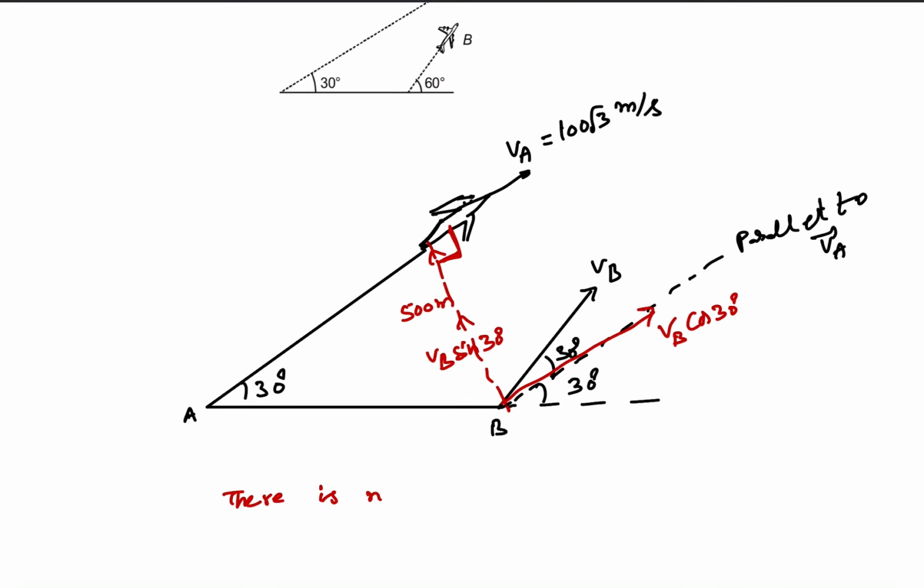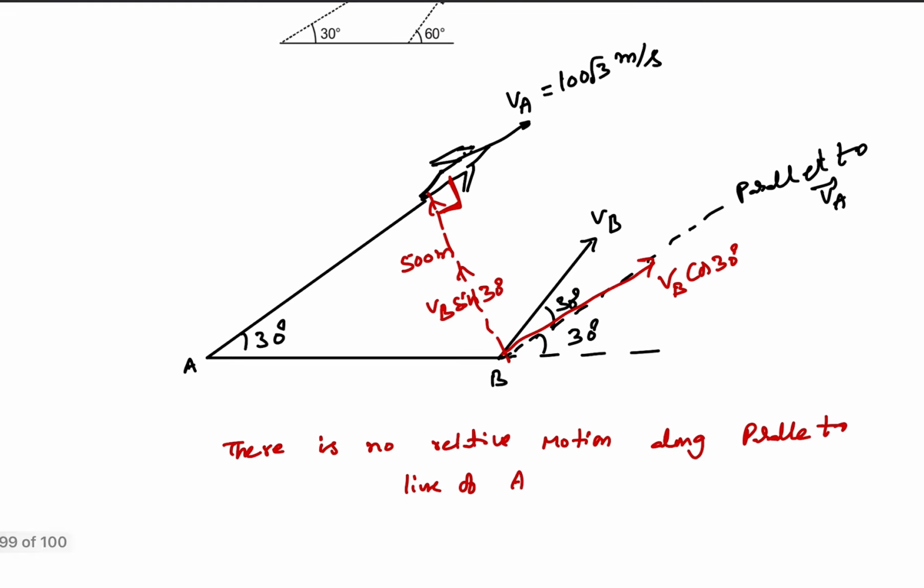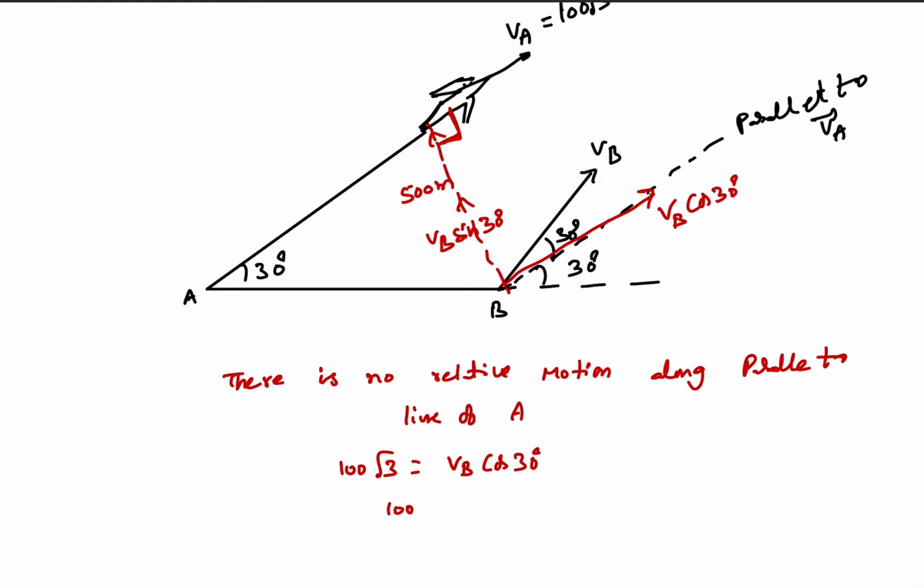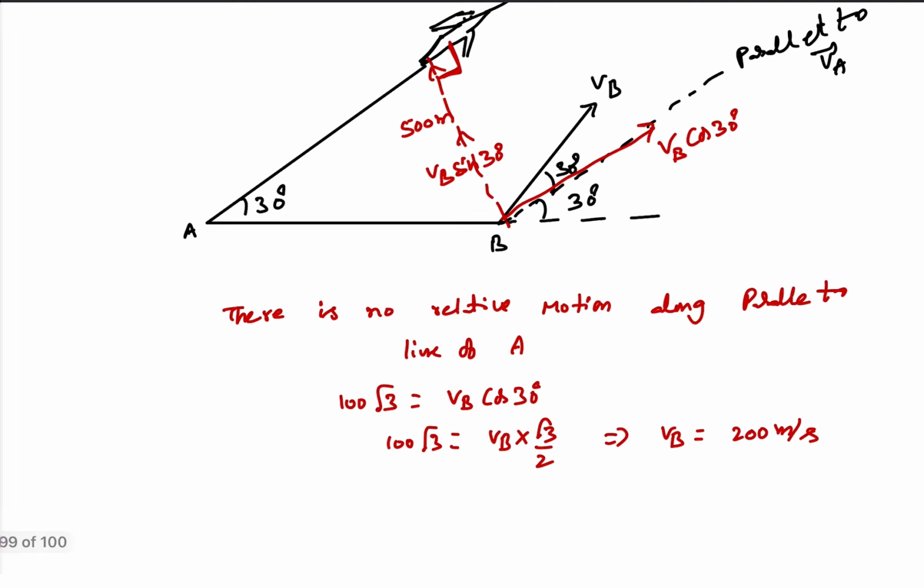And there is no relative velocity along the same line, no relative motion parallel to the line of A. Now we can say that 100 root 3 is equal to VB into cos 30 degrees. We can write 100 root 3 is equal to VB into root 3 by 2. So VB value is equal to 200 meter per second.